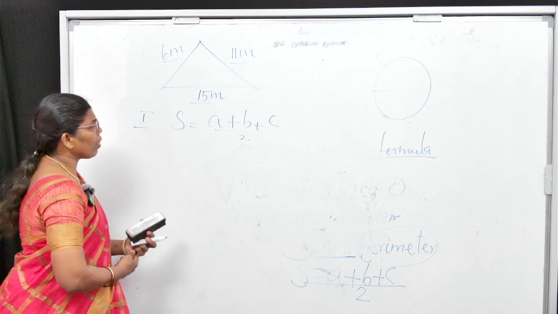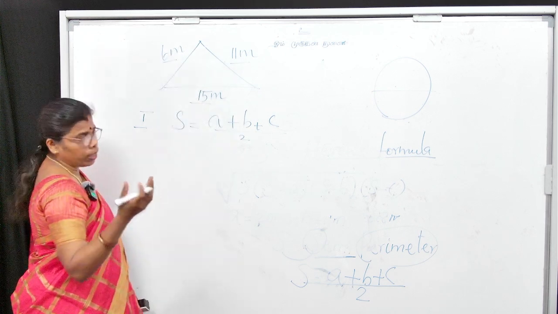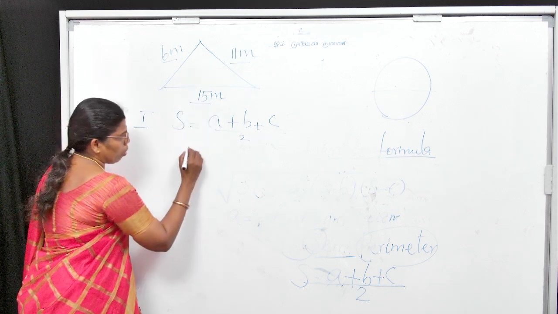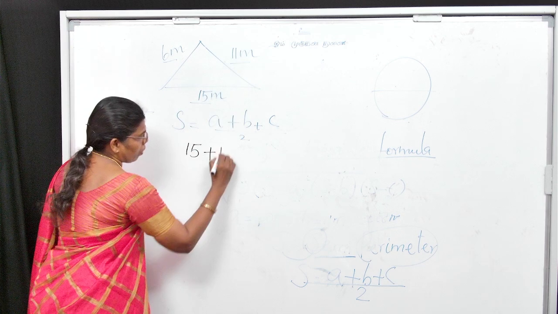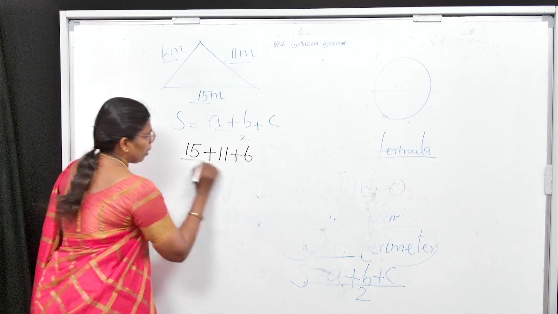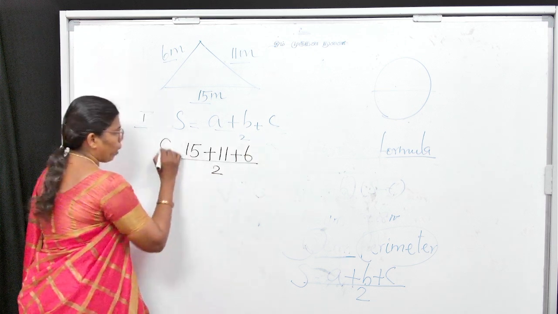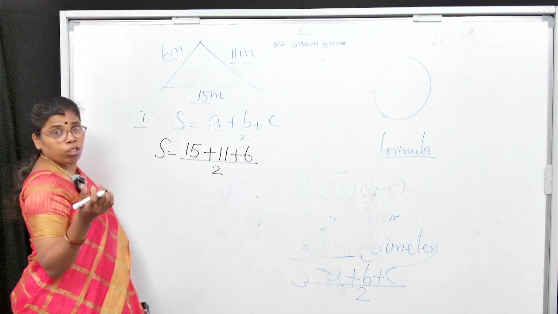6 meter. Even I can take A as 11, B as 6 and C as 15, it is our wish. So S equals 15 meter plus 11 meter plus 6 meter divided by 2. S equals 15 plus 11 plus 6 by 2. Can I say the total?